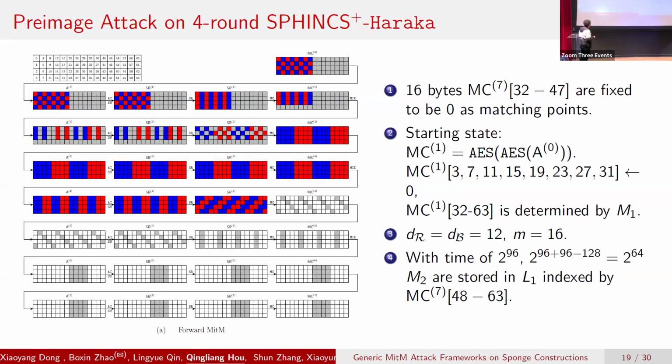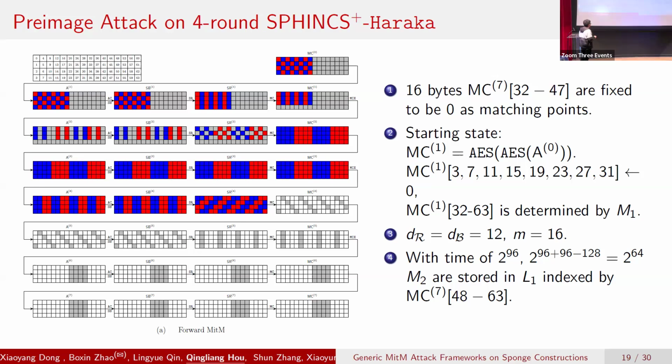For the forward meet in the middle, 16 bytes in MC7 are fixed to be 0 as the matching points, and the starting state is MC1. There are 12 blue cells and 12 red cells.